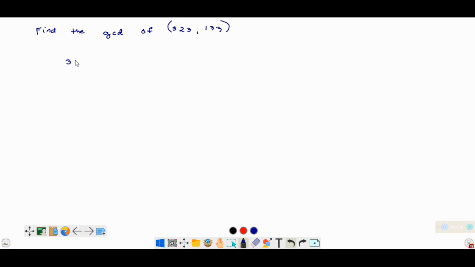So again, start tayo sa malaking number and then write the smaller number here. Find the quotient between the two. How many 133 are there in 323?